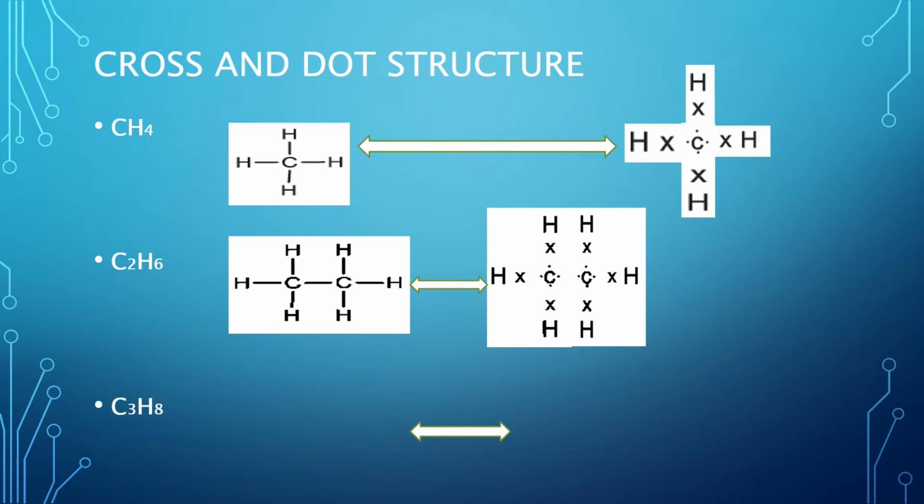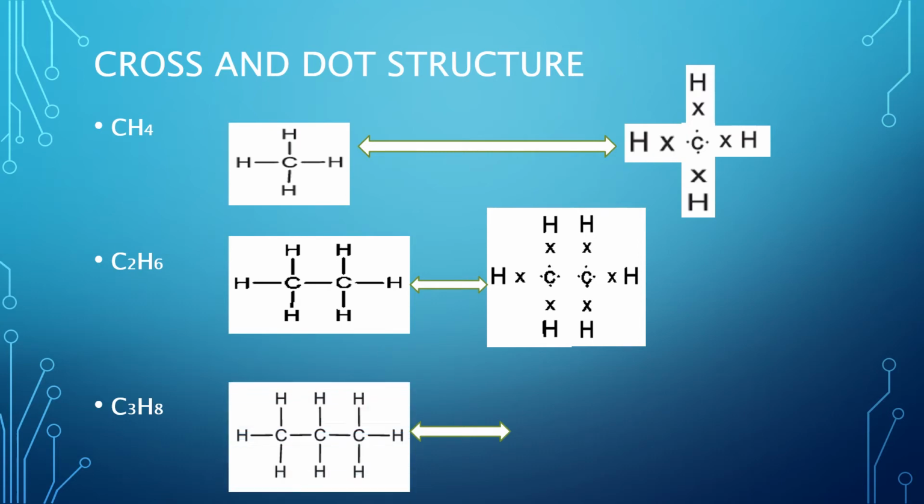The third example is propane, containing 3 carbon atoms. As you have learned the structural formula of this, now again we will put the number of electrons in the form of the cross and dot structure. Carbon has 4 electrons shown as dots, and each hydrogen has 1 valence electron shown in the form of a cross.